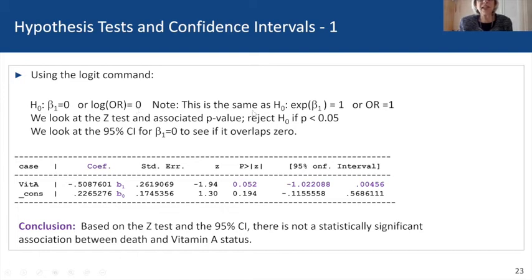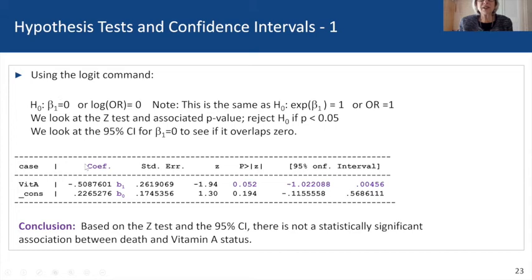But think of this as being the same as if we exponentiated both sides of this null hypothesis, beta 1 equals 0, then we would have the exponentiated beta 1 equals e to the 0, which is equal to 1. Or another way of saying this is that the odds ratio is equal to 1. If we exponentiate the log of an odds ratio, we get the odds ratio. If we exponentiate 0, we get 1.